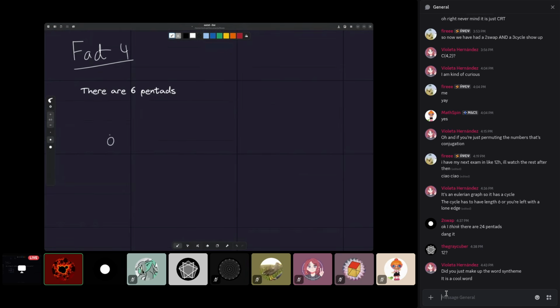Well, it's a sort of choices argument again. So we'll start with our 6 points. We're trying to make a pentad. Whatever it is, it's going to have a syntheme that connects those 2.